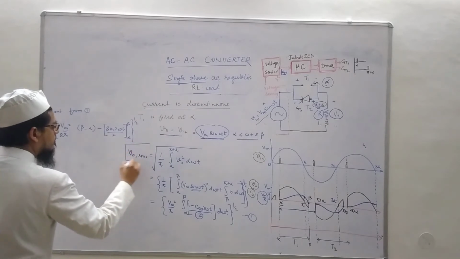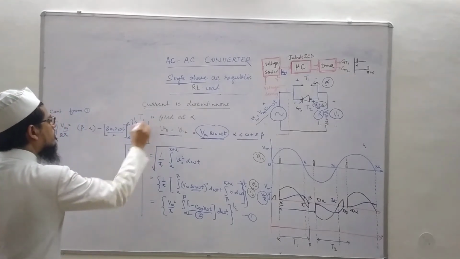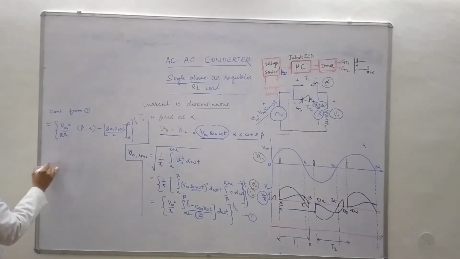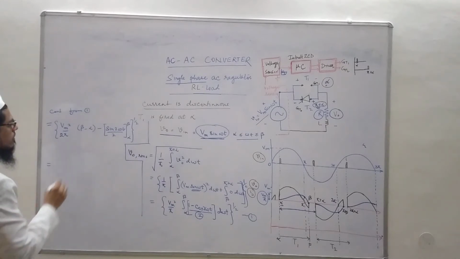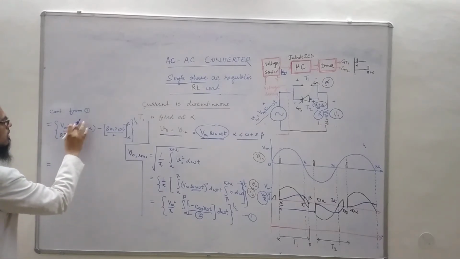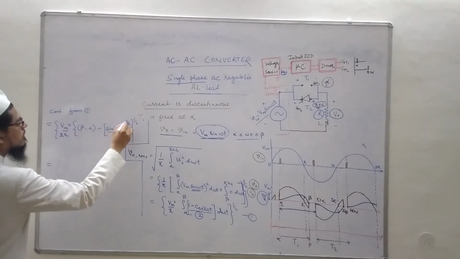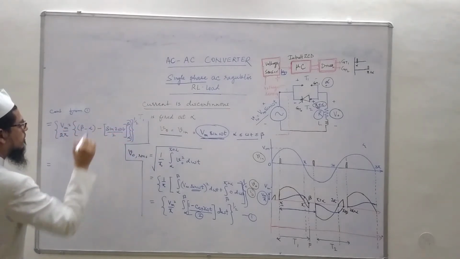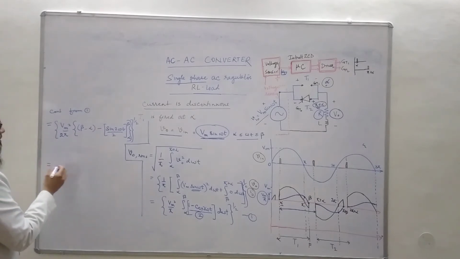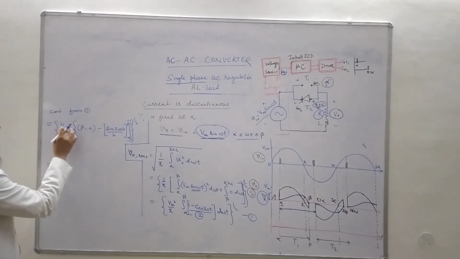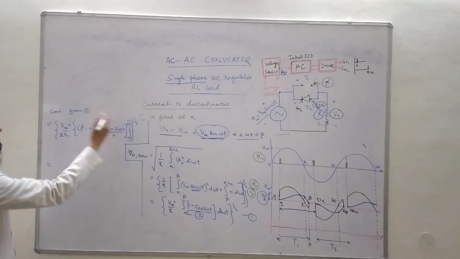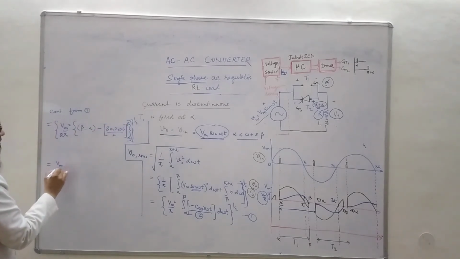Now I can take Vm by 2 outside the square root, so it will be Vm by root 2 outside.